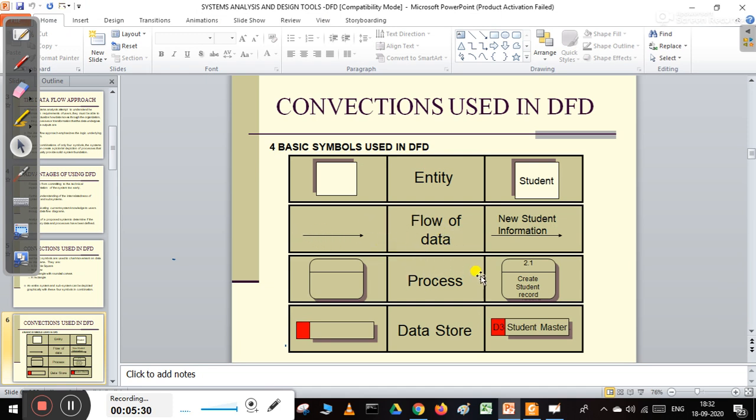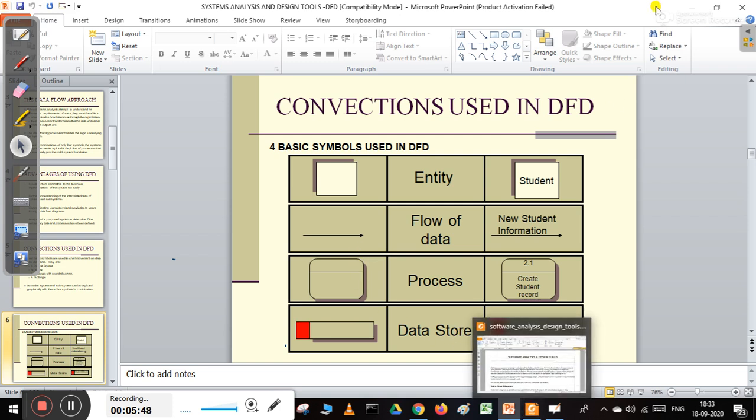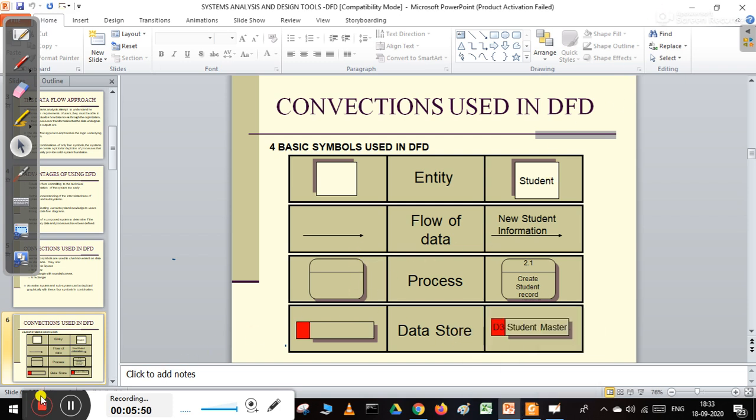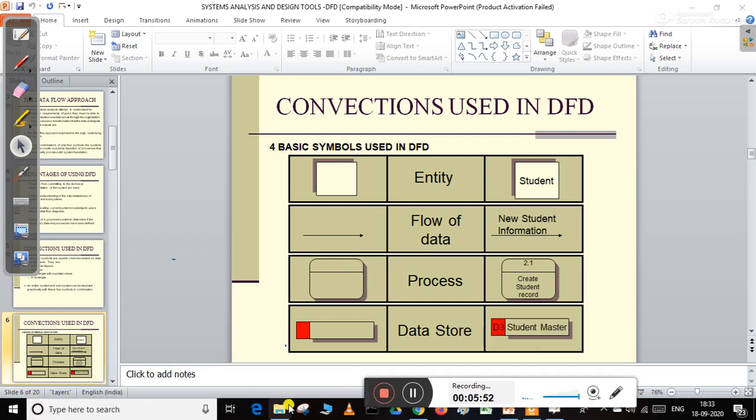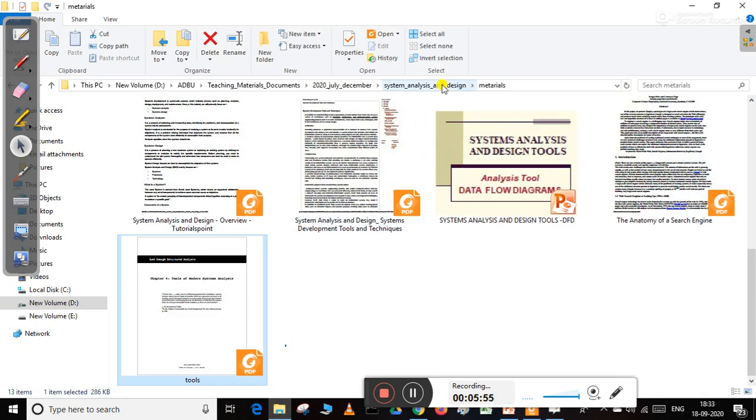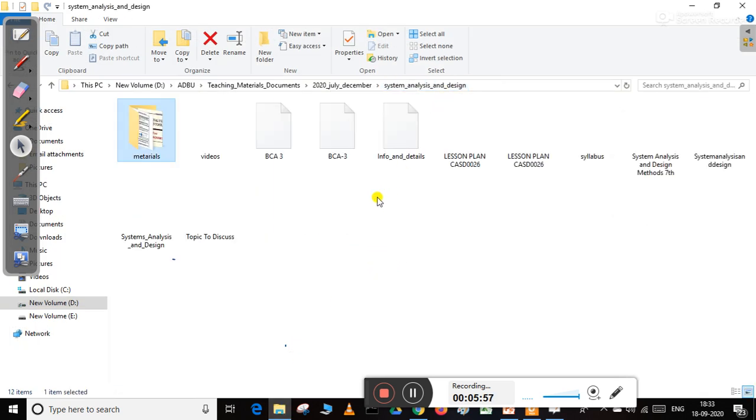To demonstrate the flow of the data, we can use the arrow. To demonstrate the process, we can use this type of symbol, or a square with cut-out corners will become a process symbol. But you can also check what DFD symbols are used in the book.